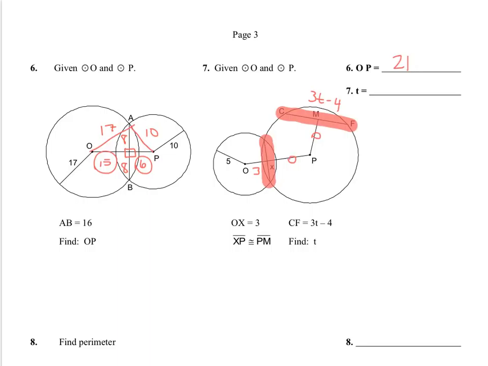Well, let's finish up and try to figure out what else we know. There had to be a reason for this 5. If I redraw this, I now have a 3, 4, 5. And that means that this full chord is now 8. Well, if I set 8 equal to that 3t minus 4, I get 12 equals 3t, and t is equal to 4.